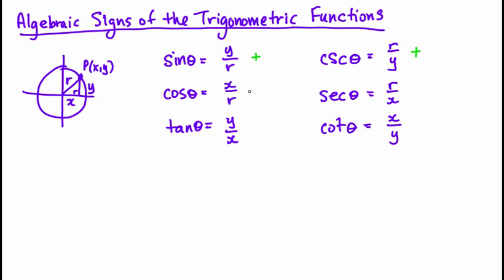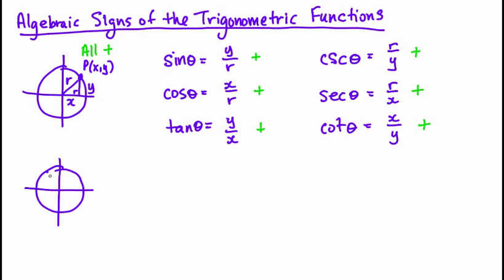Cosine is positive and r is also positive, so x's and r's are positive and y's and x's are all positive. So you'll notice that every single one of these 6 ratios is positive. So if I just make a little note that all 6 ratios are positive in this first quadrant, that's something that's great to remember. Let's just put that aside for a second and see what happens in the second quadrant.